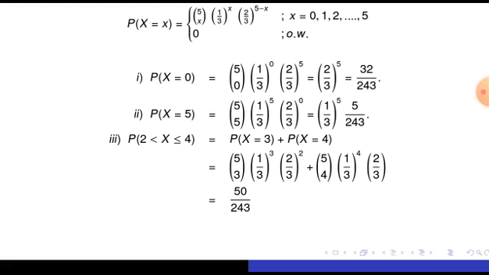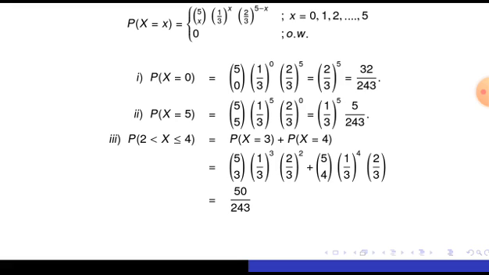1 divided by 3 raised to 5, and it is equal to, here is a printing mistake, please correct it. It is not 5 divided by 243, it is my mistake, I am sorry for that. It should be 1 divided by 243.